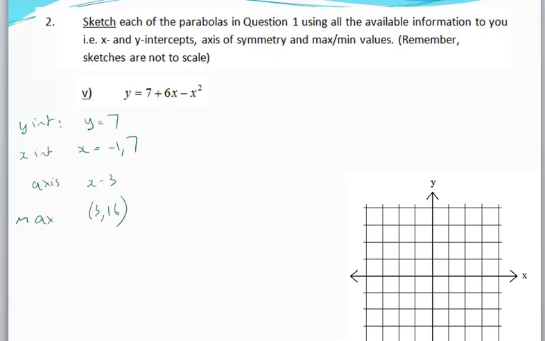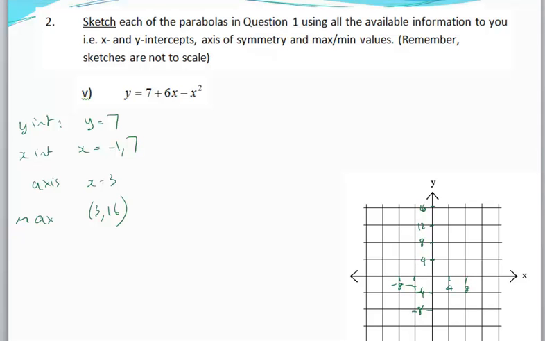So we will have a maximum at 16, so we're going to say 4, 8, 12, 16, minus 4, minus 8, so on. Here we can do the same, 4, 8, minus 4, minus 8.